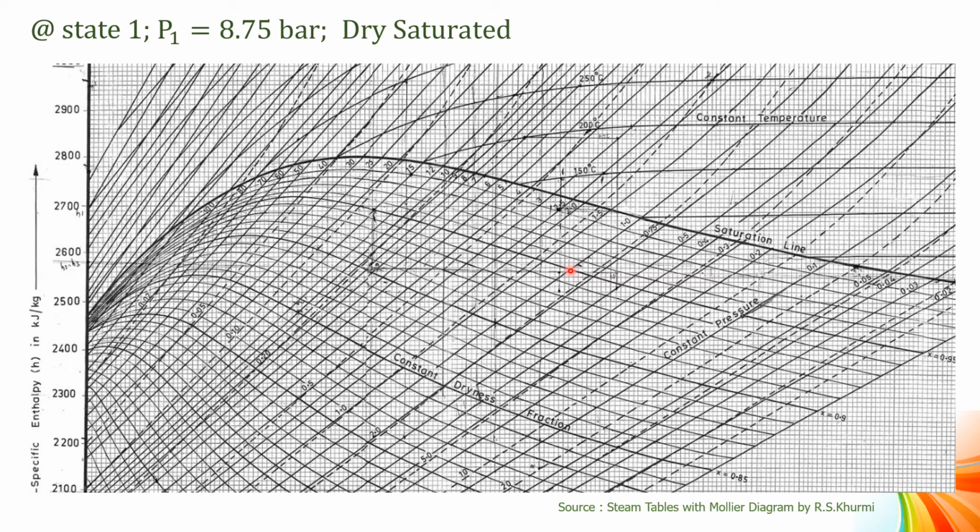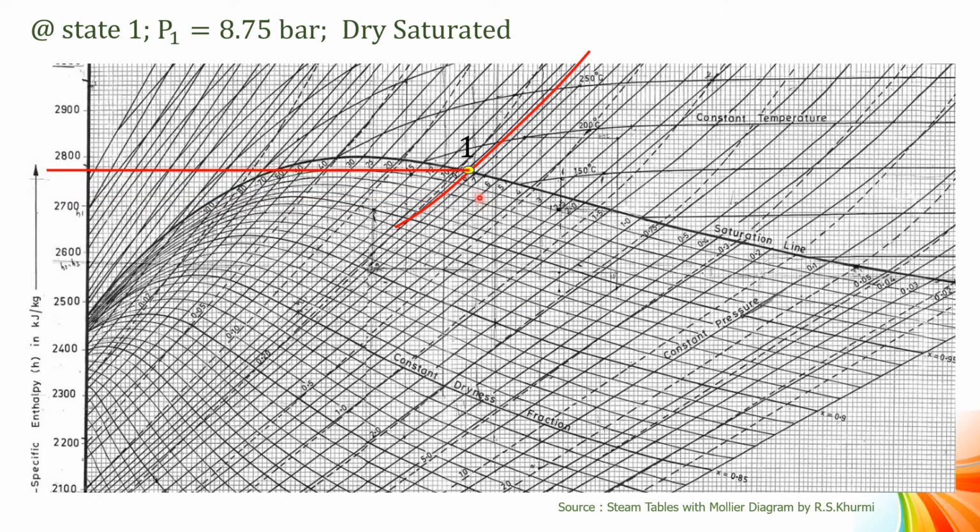So now we have to locate the pressure 8.75 bar in the Mollier diagram and the steam is in dry saturated condition. See, this is the dry saturation curve. So both lines are intersecting at this point. So mark this point as 1.